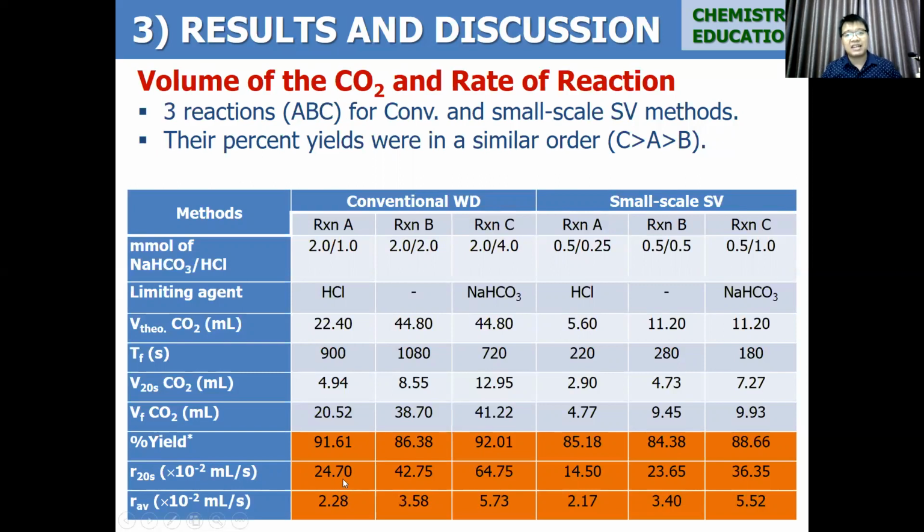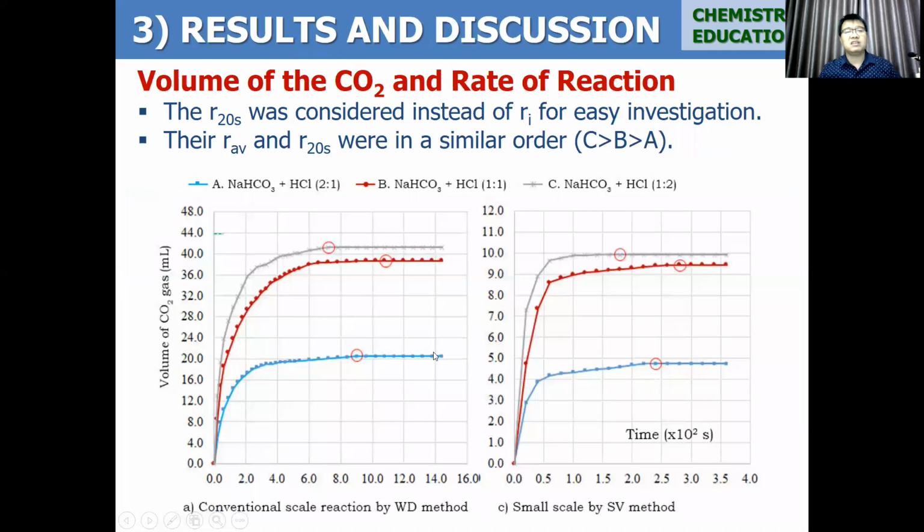You can see that the order of the rate of reaction is in similar order for both the conventional scale and the small scale using the syringe-vial kit method. You can see that reaction C occurs fastest, followed by reaction B, and for the last one, reaction A.